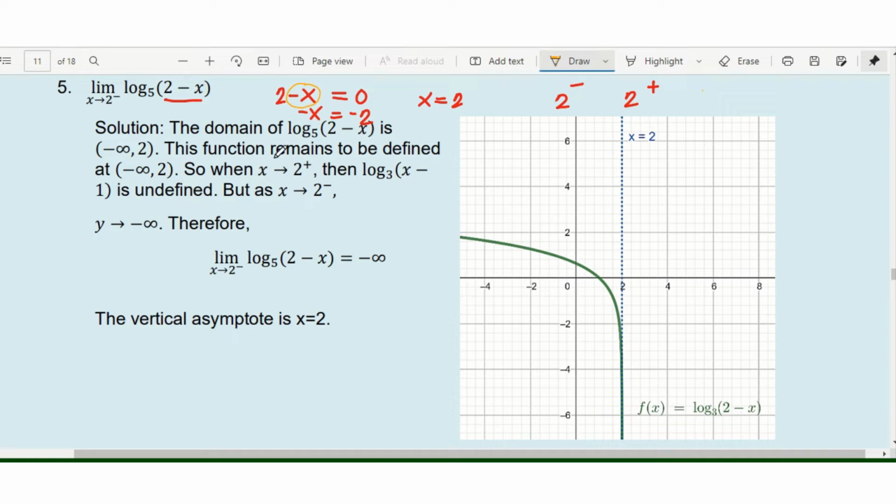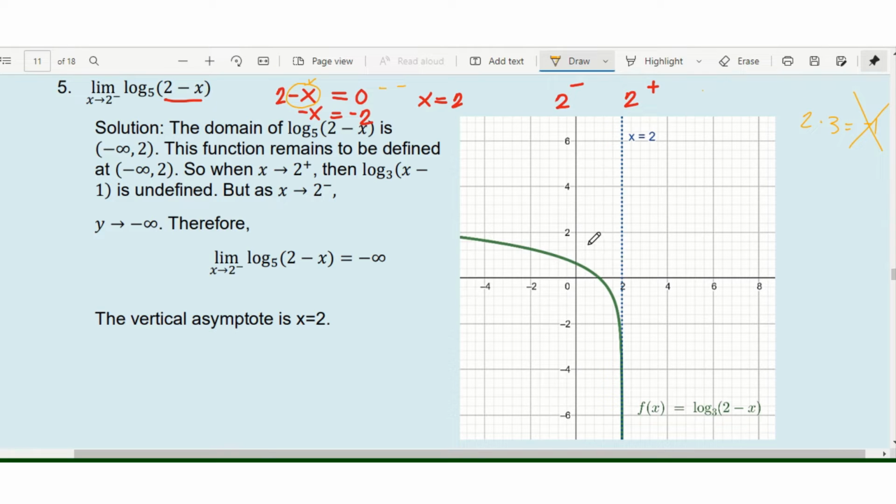So meaning to say, to make the values of 2 minus x positive, kailangan mong magkaroon ng values ng x na negative or decreasing. Bakit? Because negative multiplied by negative makes it positive. Hindi mo pwedeng gawing i-increase mo ang values ng x kasi pag inalakihan mo ang values of x na to, for example, ginawa mong 3, so 2 minus 3 becomes negative 1, which is wrong because there is no logarithm of negative 1.